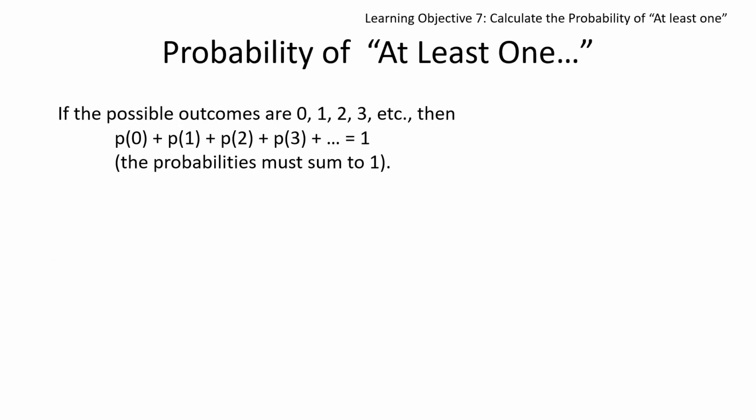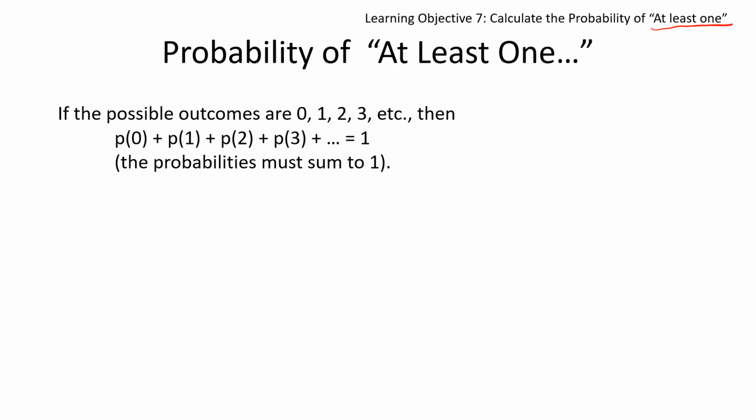Let's get to learning objective 7. And this is a fun one. Now we're going to talk about a special case of probability, the probability of at least one. So prior to this point, we've been talking about the probability of getting an exact thing. What's the probability of drawing a heart? What's the probability of drawing a red card?